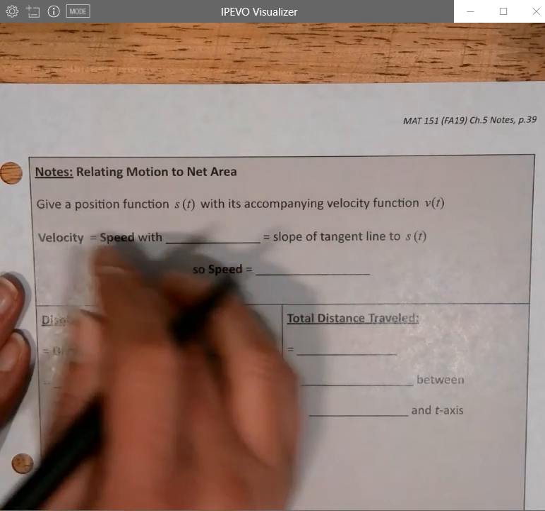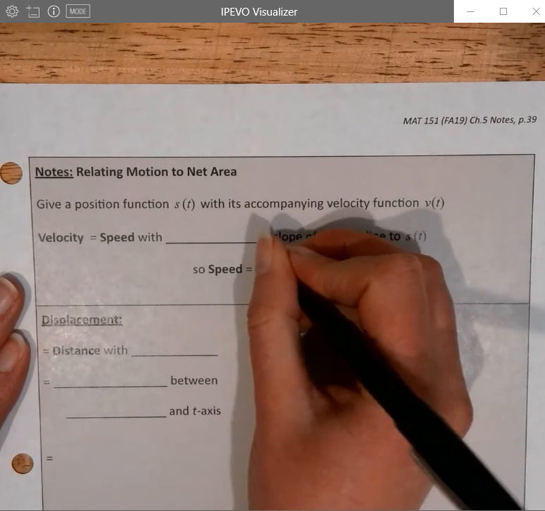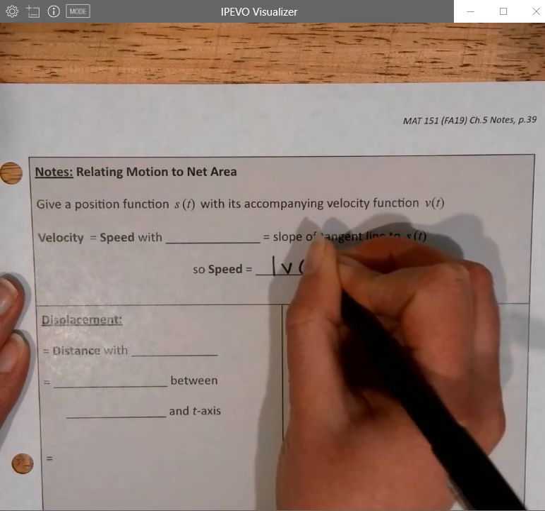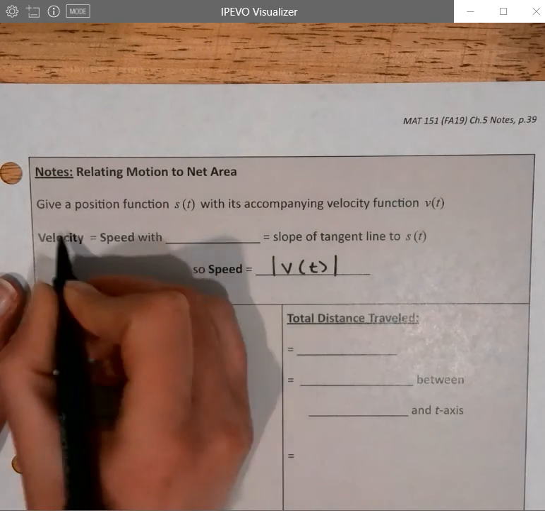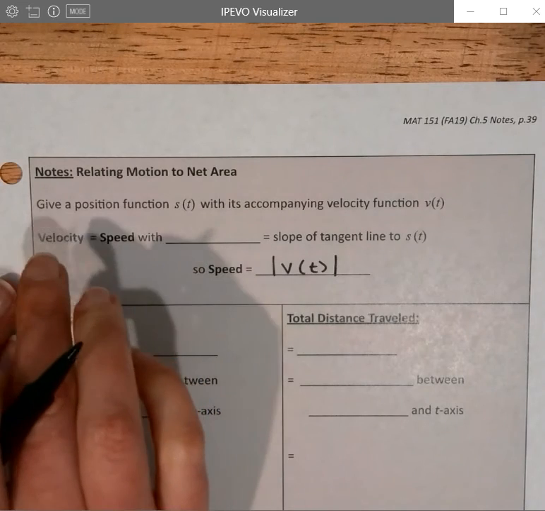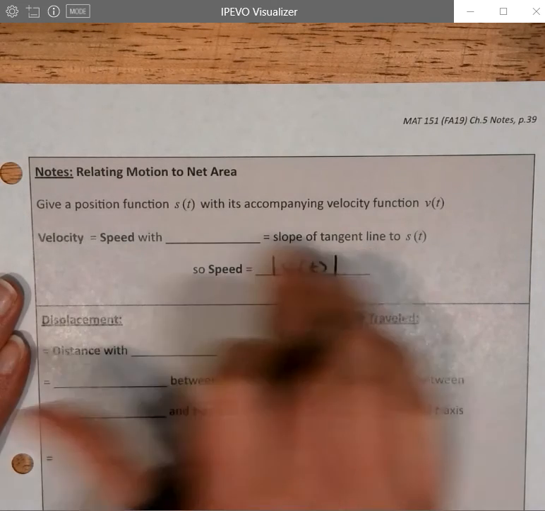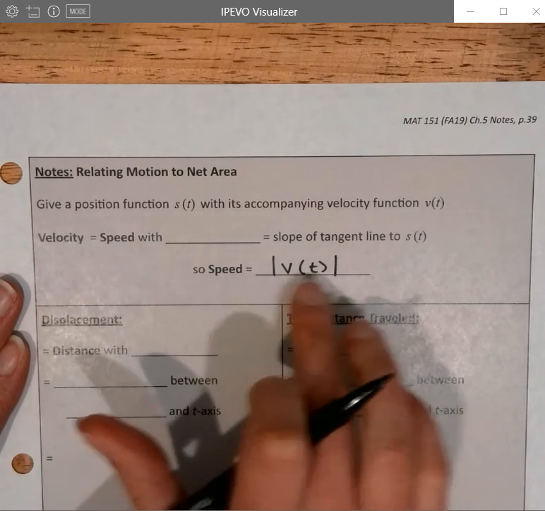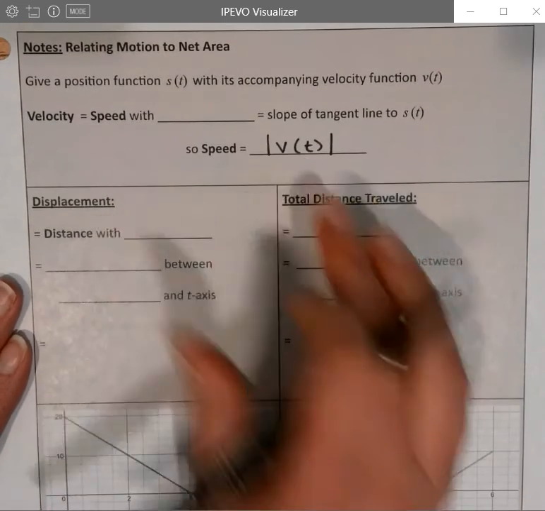So it depends on if it's positive already or not. Speed is the absolute value of the velocity function. Okay. So I guess they're equal if it's positive already, but the velocity is the slope of the curve. Velocity can be positive or negative. Speed must be positive. Speed is defined to be the absolute value of the velocity function.